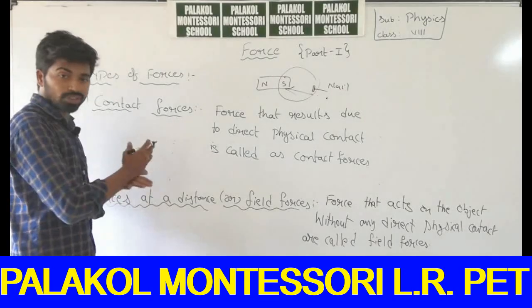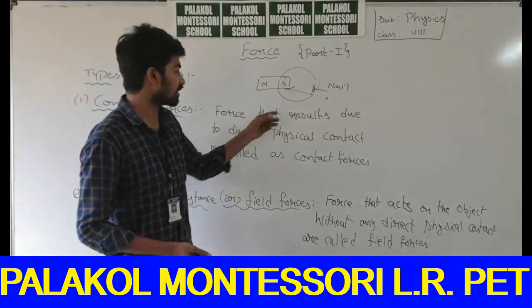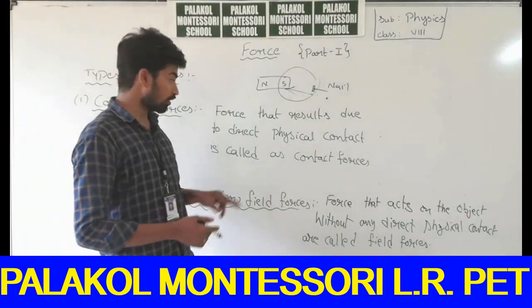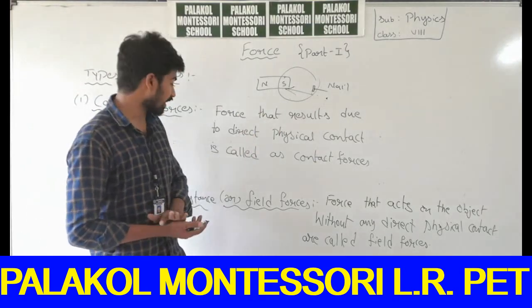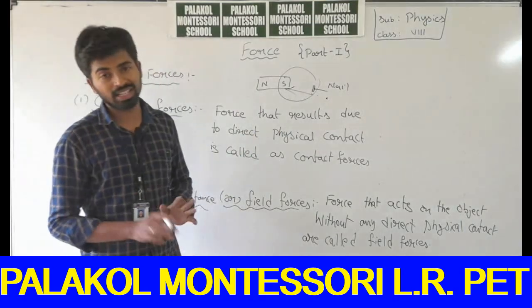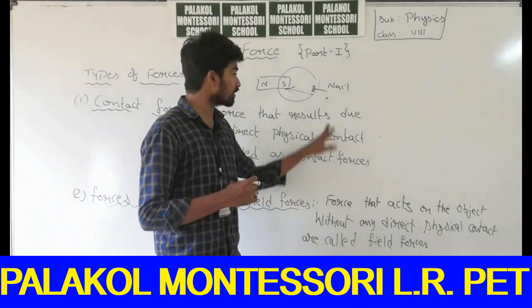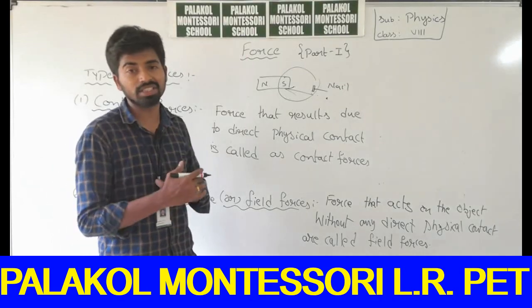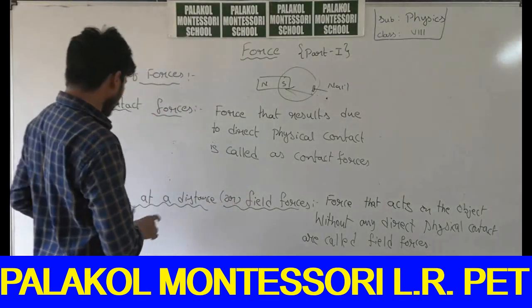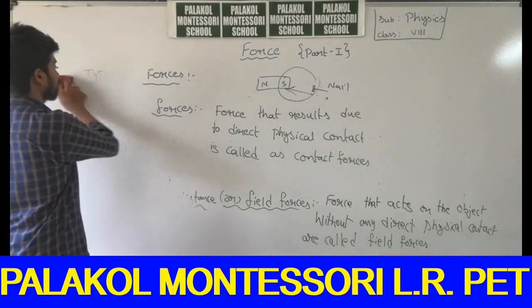You can write like this: forces that act due to direct physical contact are called contact forces. And a force that acts on the object without any direct physical contact is called a field force, or force at a distance.